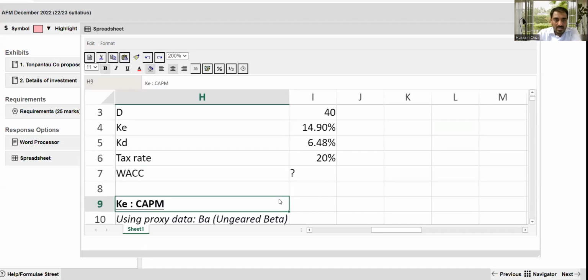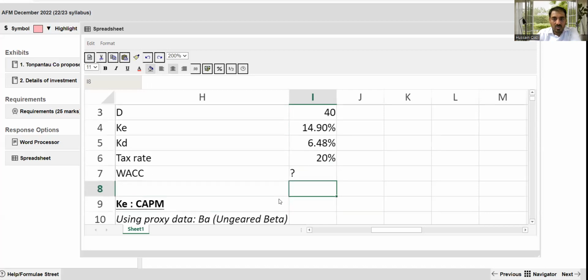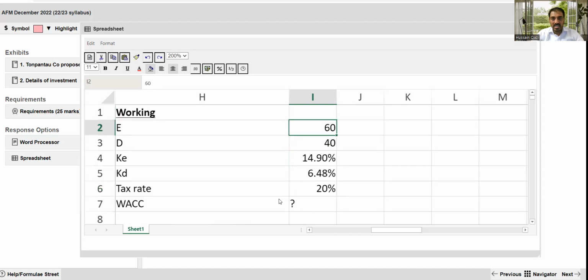Yes, that's good. Now WACC. Now it's over. WACC is equal to KE 14.9 into, I can say, 40% and 60%.